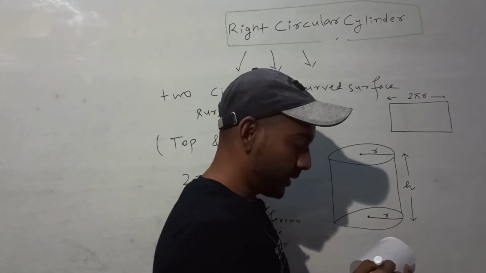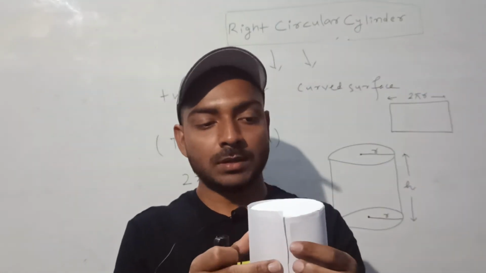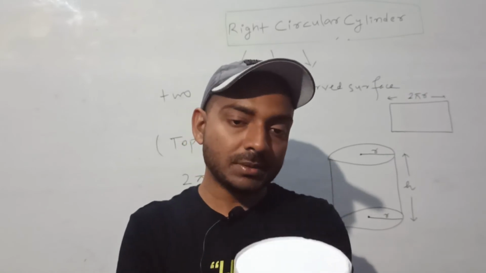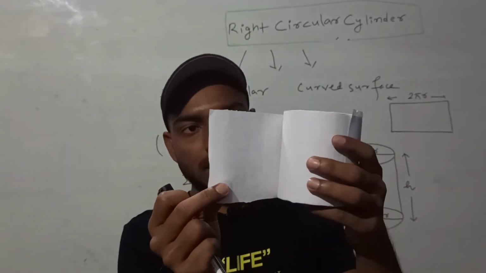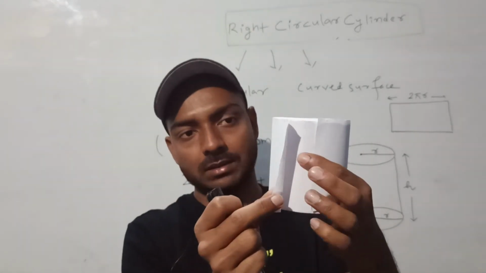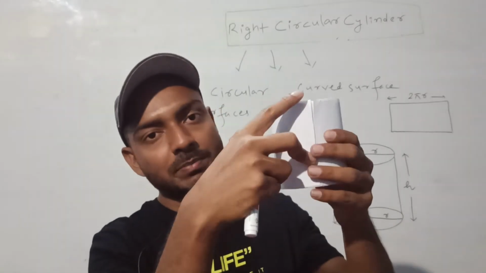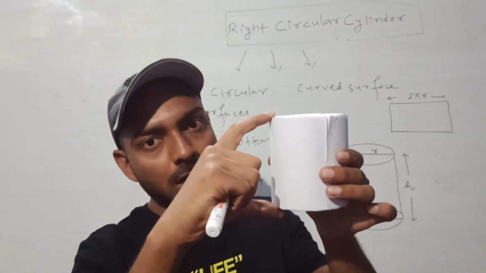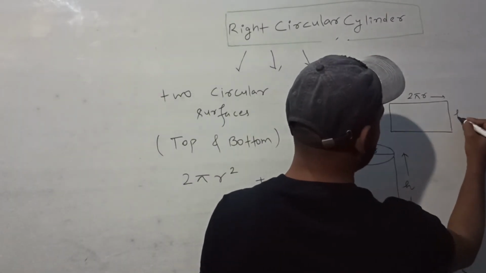Now notice this carefully. We have calculated the breadth. What about the length of this rectangle? If I am folding it properly, you can all see that the length of this piece of paper is nothing but the height of this cylinder.